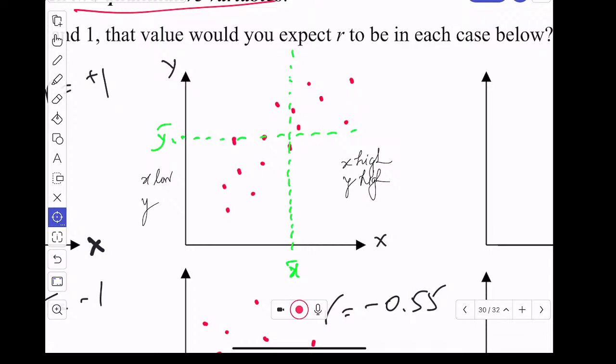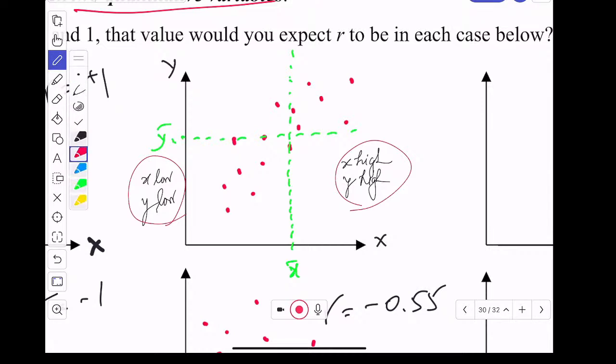Very good, it's below. So when x is low, y is also low. This is the nature of a positive relationship. X is reinforced by y. They go in the same direction. So it's positive because y follows x. Okay? That's what makes it positive.